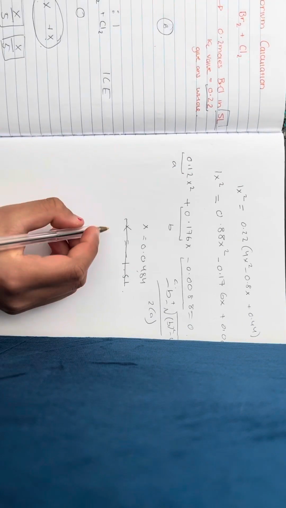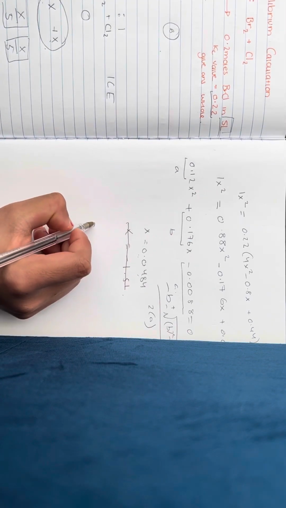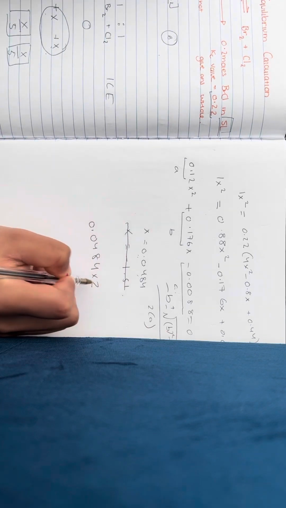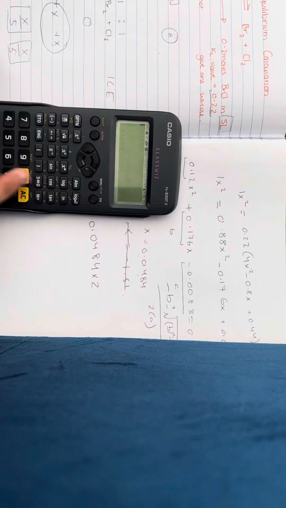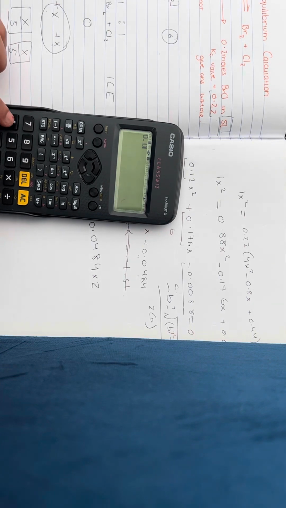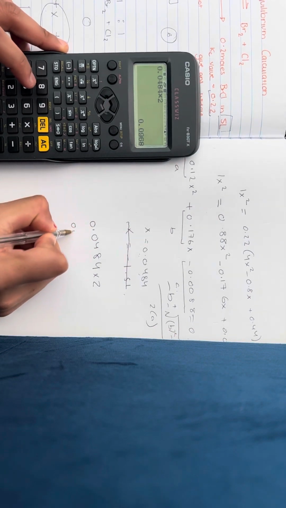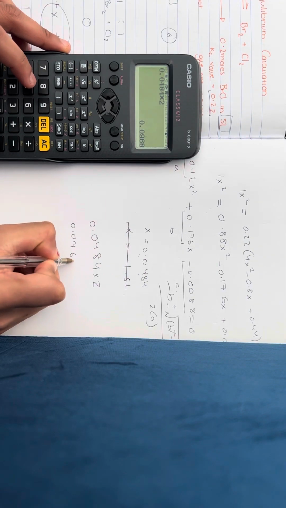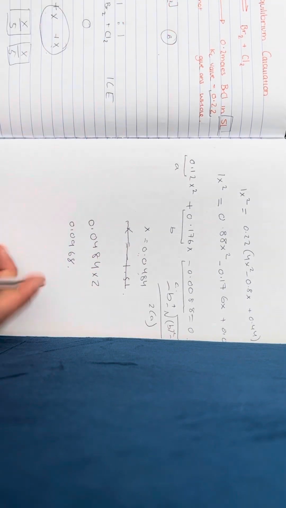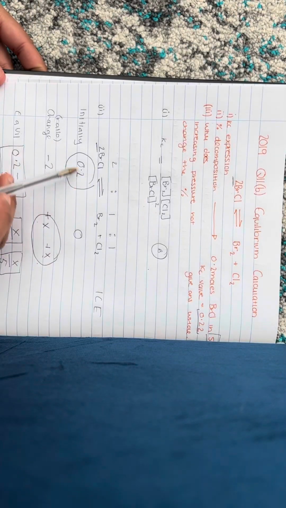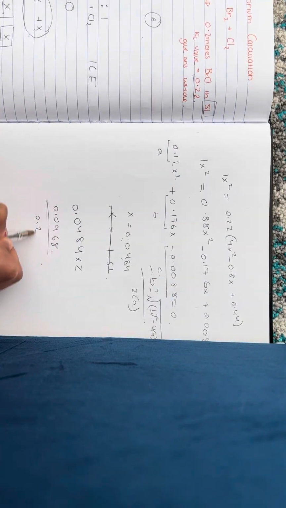So what you're going to do, that's 1x, so you could just multiply that by 2 or add it twice, same difference. Okay, that would be 0.0484 times 2. Okay, that would be 0.0968. And then you're going to put this over the amount of reactants that went in, which was 0.2.